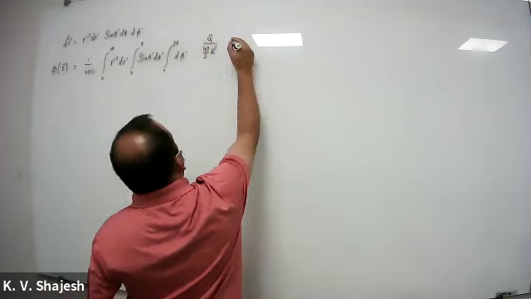Is that clear? The step function of R minus R prime is equal to 1 when R prime is less than R, and is equal to 0 when R prime is greater than R. So it contributes only from here to up there.